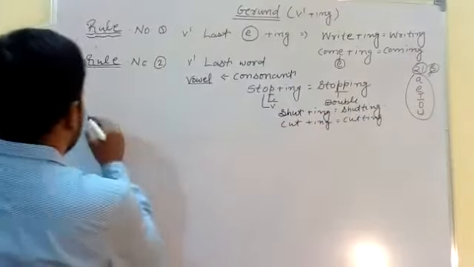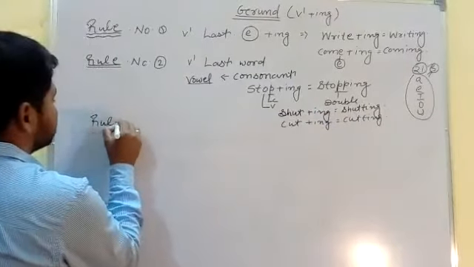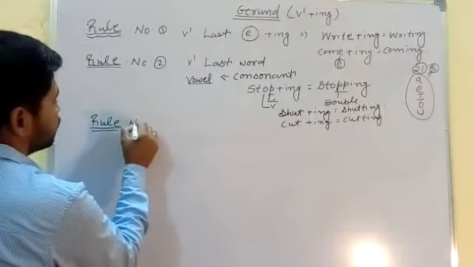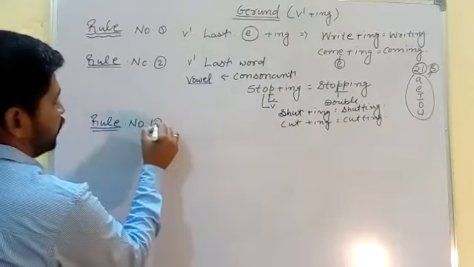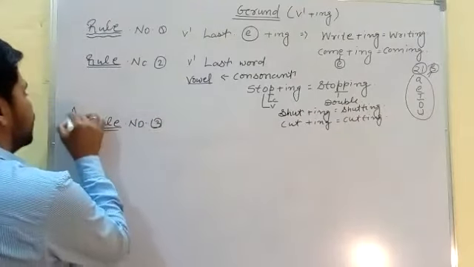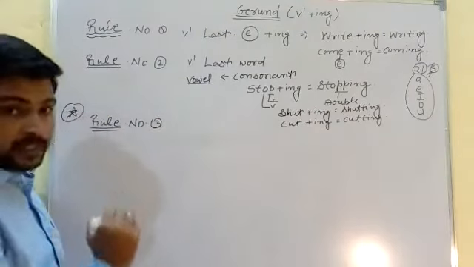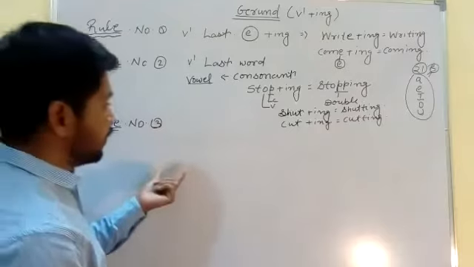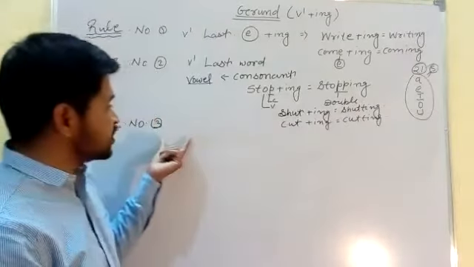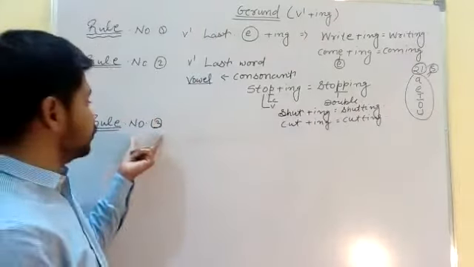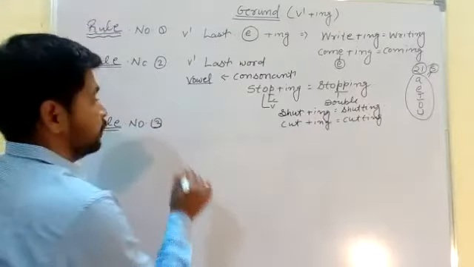And students, rule number three. It is a very important rule. In the Navy, Air Force and NDA exams, most of the time the examiner asks questions related to this rule. What is the rule?